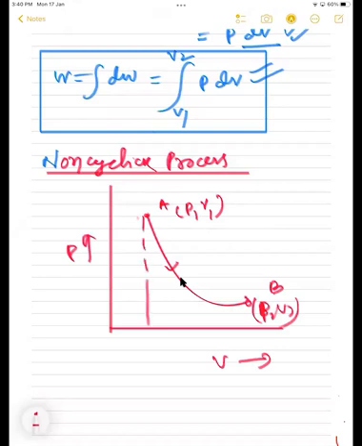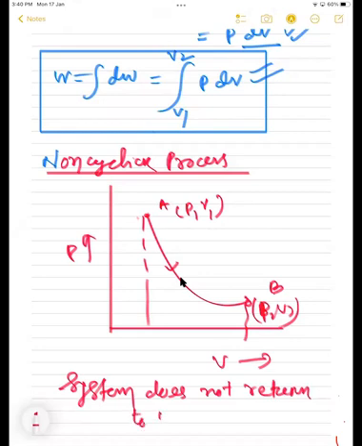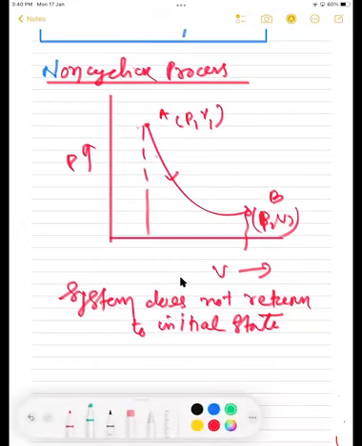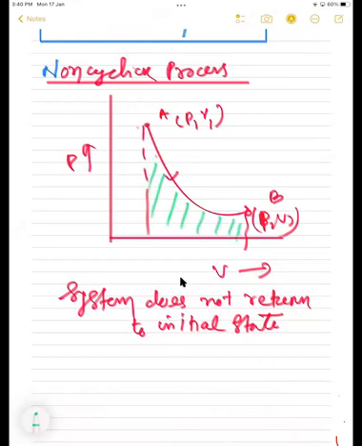So here the system does not return to the initial state. So here the area under this total graph will give us what, students? Work done, right or not?